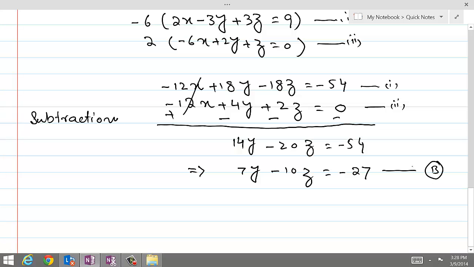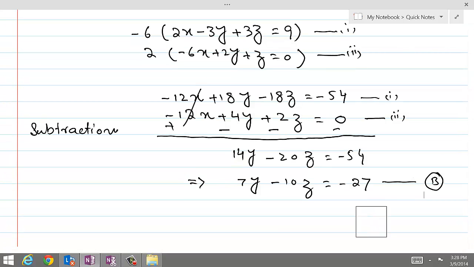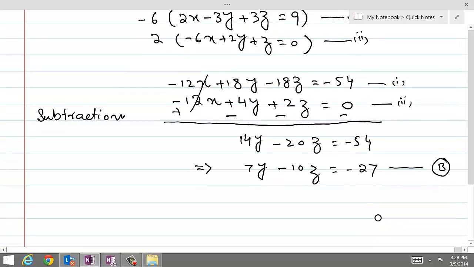So what we have achieved from the given system of linear equations, we have eliminated x from equation 1 and 2, as well as eliminated x from equation 2 and 3, resulting in two equations in two variables. And what are those equations?